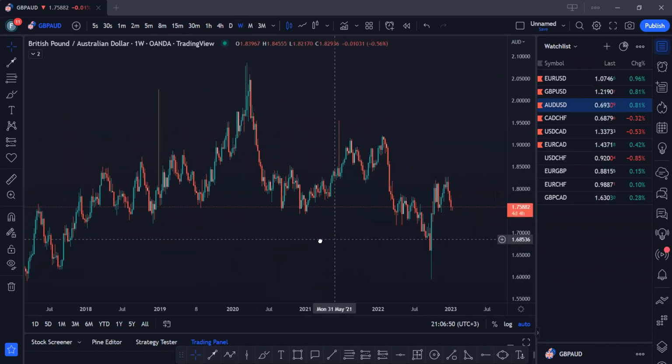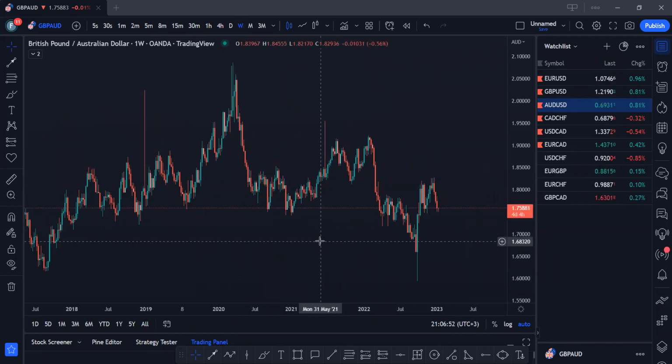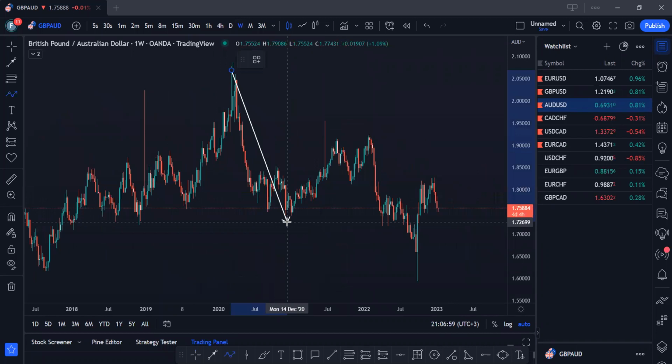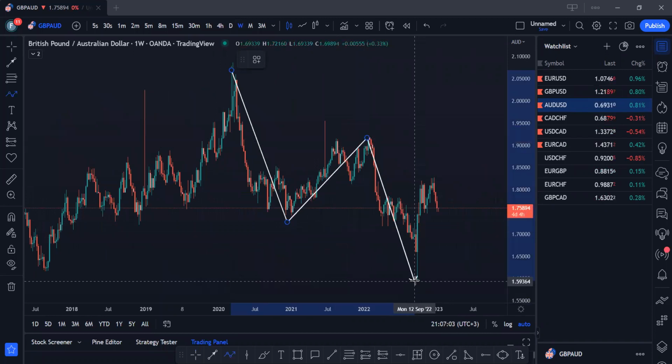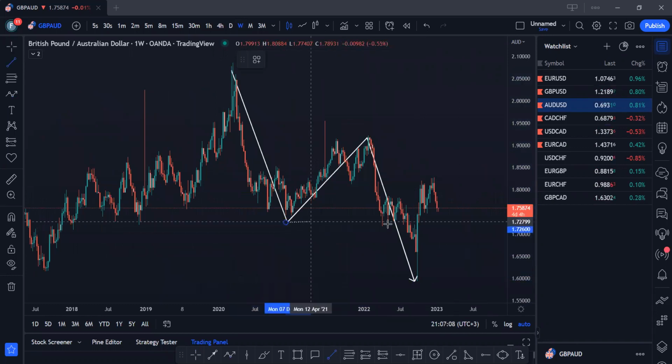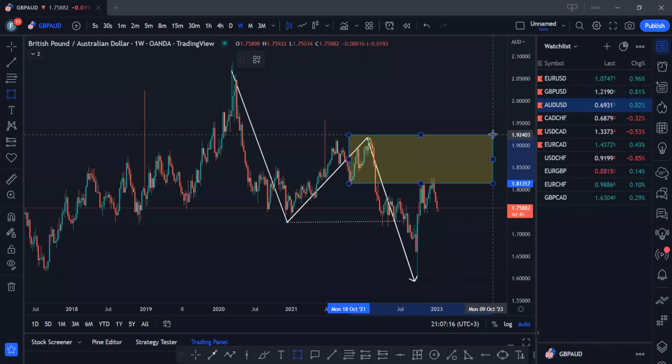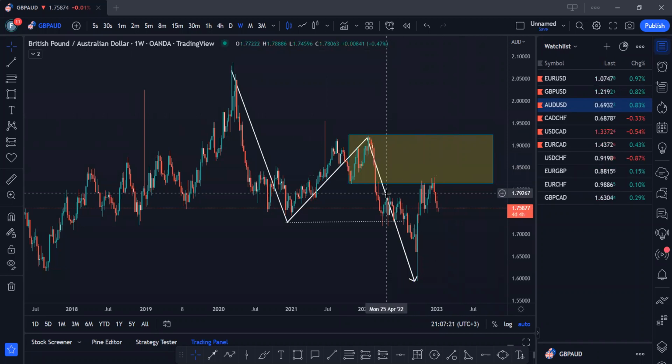So if I'm checking out this like so, I'll say price is giving me a strong structure on the weekly, like so, right? We have this as a break of structure here. Price is currently retracing. The supply is here on the weekly.